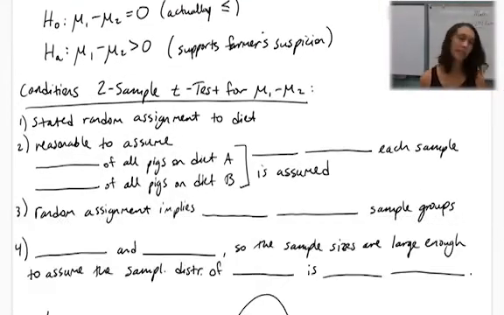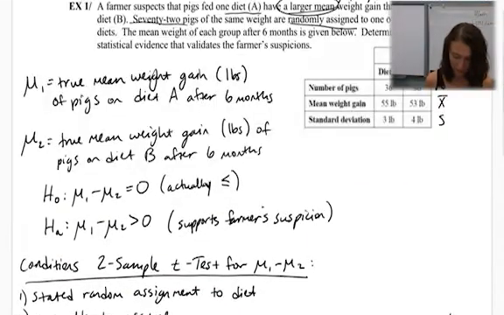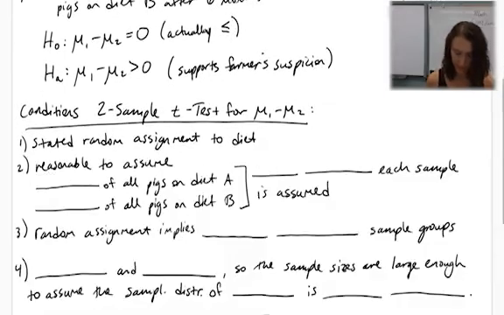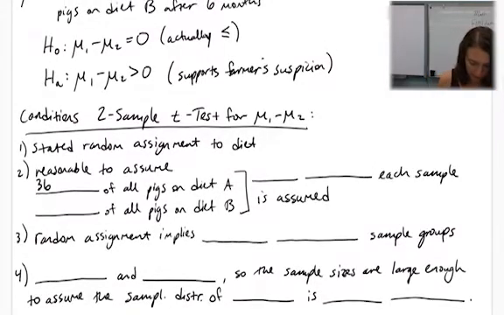Now our conditions, again, we always want to name our test. So it is a 2-sample t-test for mu1 minus mu2. Our conditions, the first one, it was stated that we had randomly assigned the pigs to the diet. 2, it is reasonable to assume that 36 is less than 10% of all pigs on diet A, and 36 is less than 10% of all pigs on diet B. Thus, independence within each sample is assumed.